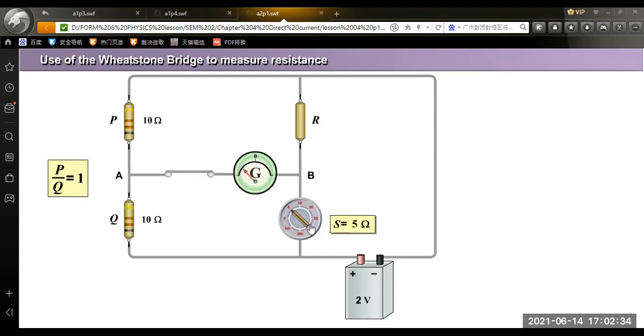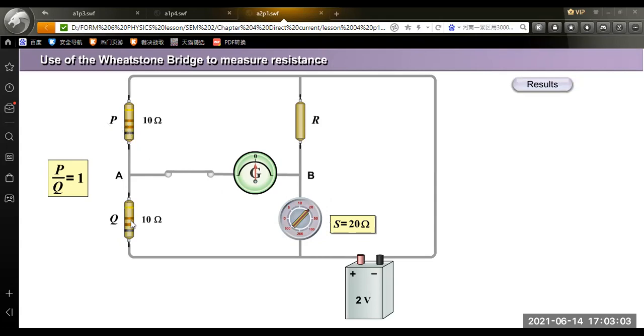What I can do is adjust until I get the balance point, the 0 point of the galvanometer. That means the current at A equals the current at B, and the potential difference at A equals the potential difference at B.